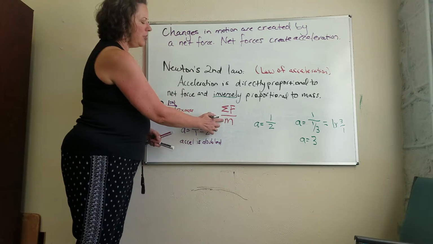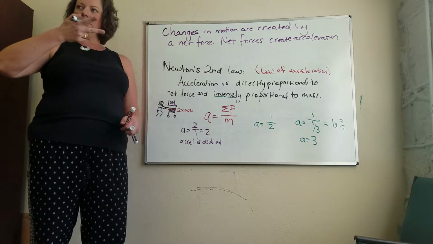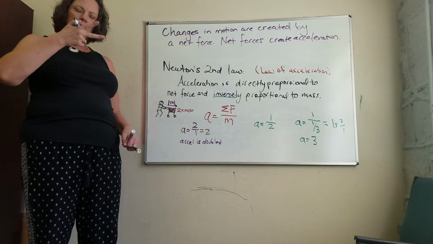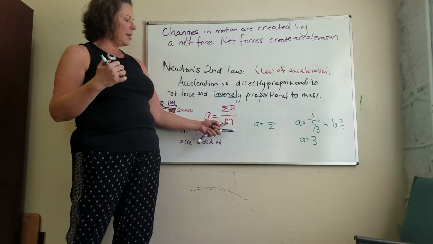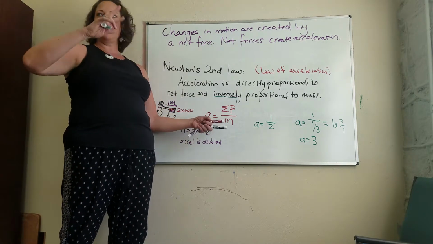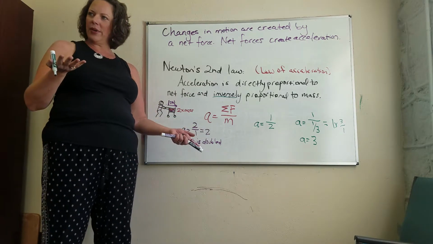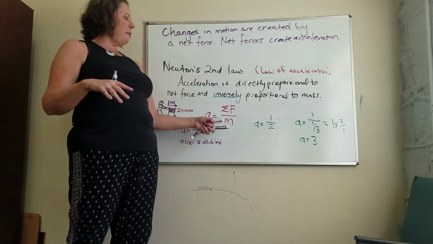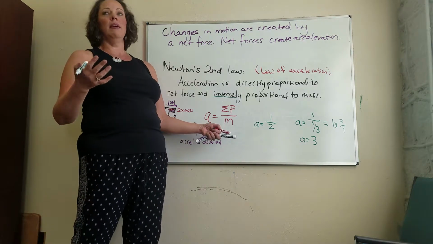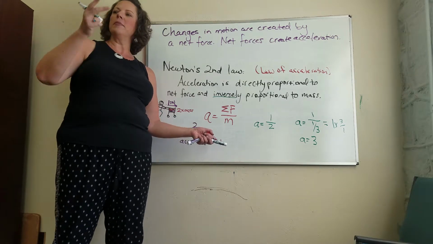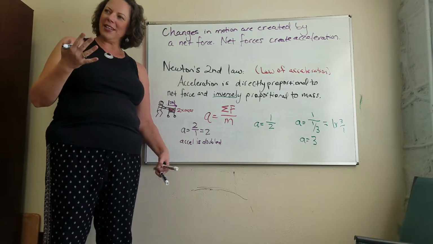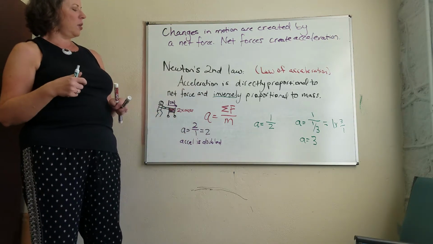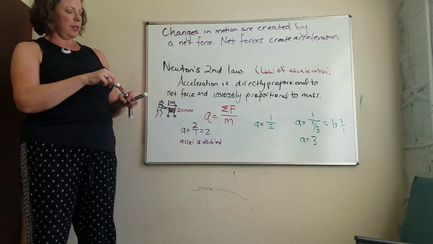Basically, whatever change you make to the mass, the inverse change happens to the acceleration. So if I quadruple the mass, 4 times the mass, then I make it 1/4, and that's what the acceleration would be. If I have a mass that is 1/5, I flip the 1/5 over, it becomes 5 times the acceleration. Does that make sense? So that's where that inverse word comes from. You're just inversing whatever the change is.